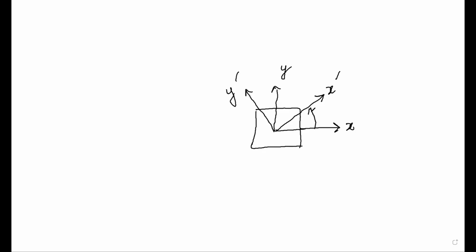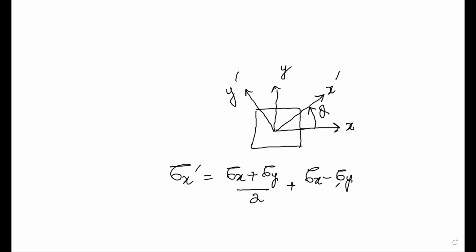This line is at an angle theta. Okay, and I have the equation that the stress along the x-axis, sigma x prime, is equal to sigma x plus sigma y divided by 2, plus sigma x minus sigma y divided by 2 cos 2 theta, plus tau xy sin 2 theta. What does this equation give me?